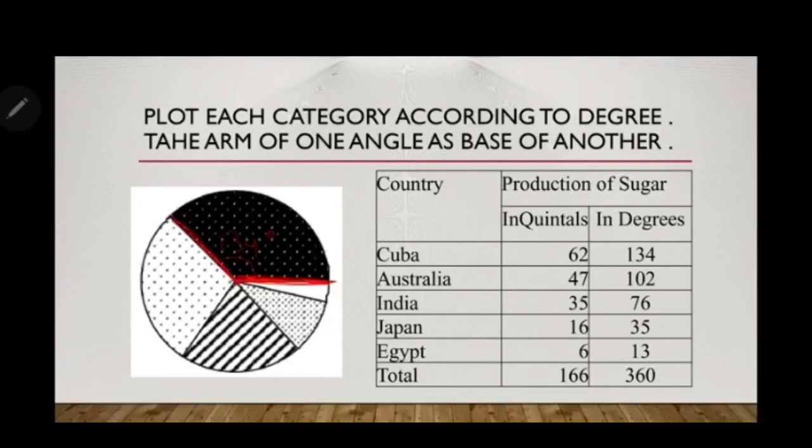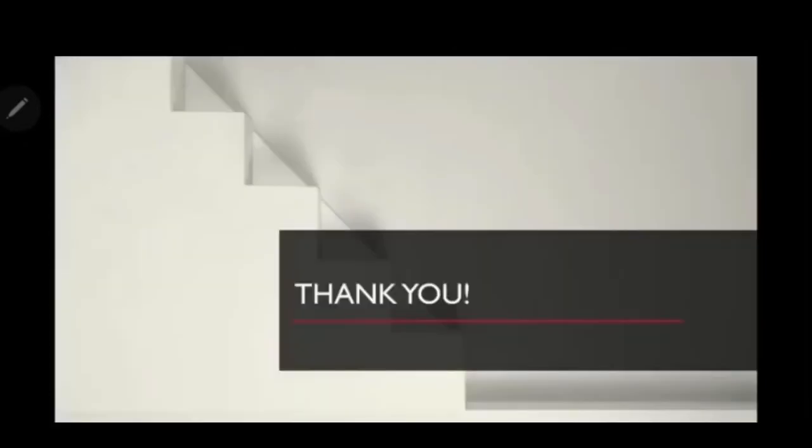In order to draw 102 degrees, arm of previous angle will act as the base. Keeping this as base, draw the next angle. After drawing this angle, the arm of this angle will act as the base of another angle, that is 76 degrees, and so on. That's how we will draw the pie diagram.